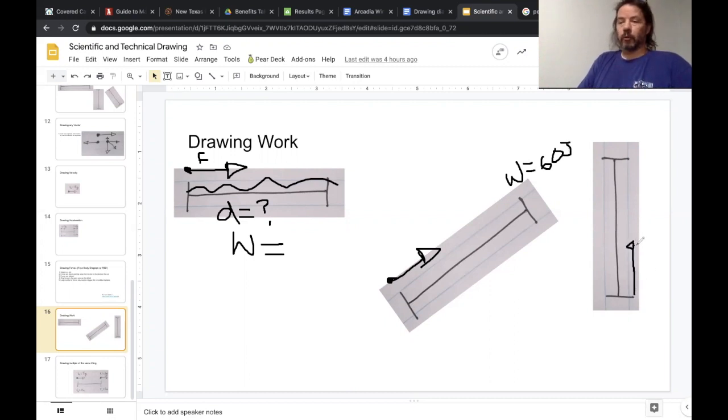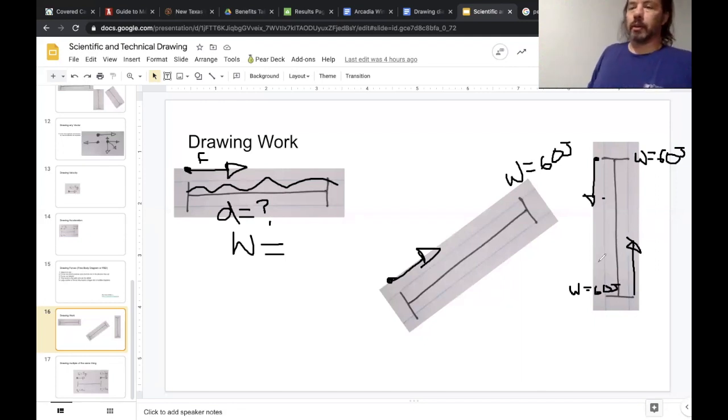So if the force is in the upward direction, the work at the top here is how much work was put into the system. And then if I drop the object and the force of gravity pulls it down, then we could say that the work was 60 joules. I tend to like that because it helps us with kinetic energy and potential energy and solving other problems. But this version of work is appropriate as well.